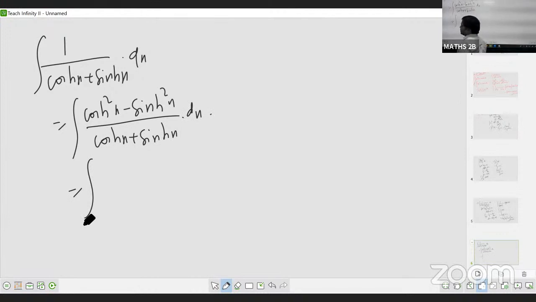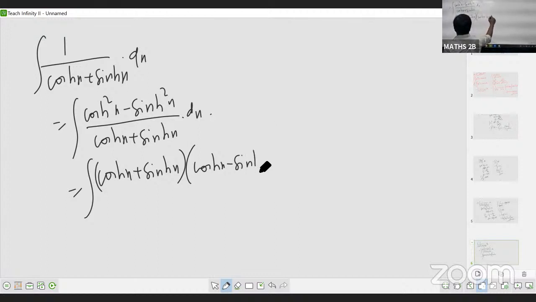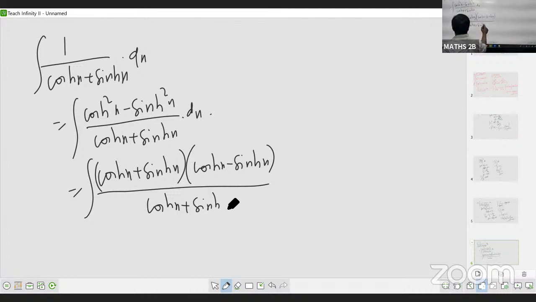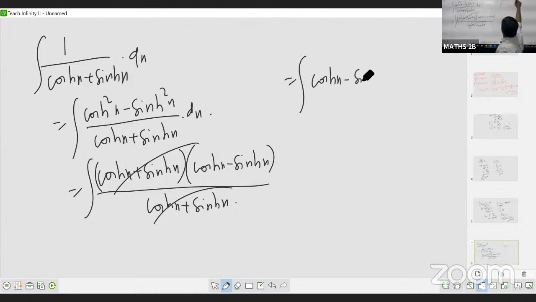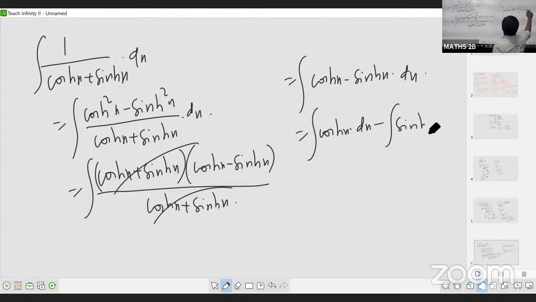Now a square minus b square is cosh x plus sinh x into cosh x minus sinh x, divided by cosh x plus sinh x. These two get cancelled. That is integration of cosh x minus sinh x dx.